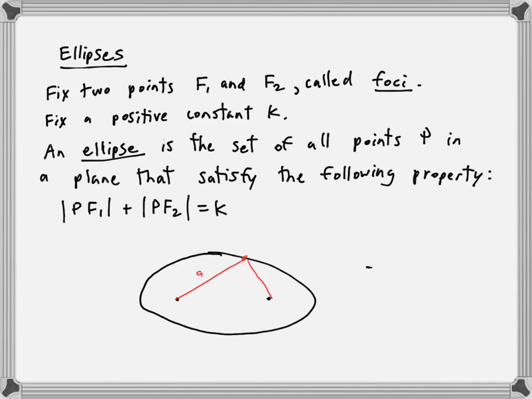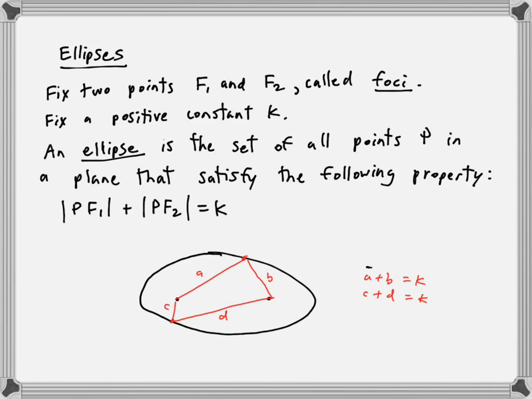So if I call that A and I call this B, we know that A plus B is k. And also, if you take any other point, doesn't matter which one, so let's say this one, if I call this C and I call this D, then C plus D also has to be k. It's true no matter what point you pick on the ellipse.